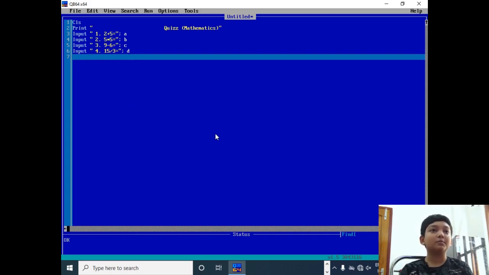Last question: input, and then some tricky question. The tricky question is 2 plus 3 divided by 3 multiplied by 9 minus 2. I know you can solve it, which is E.